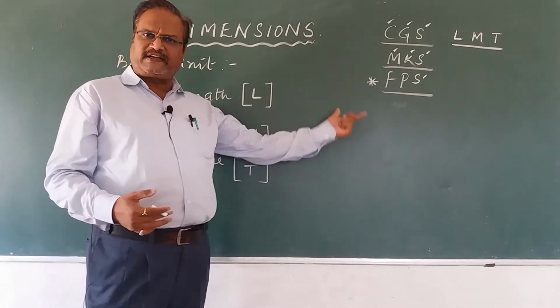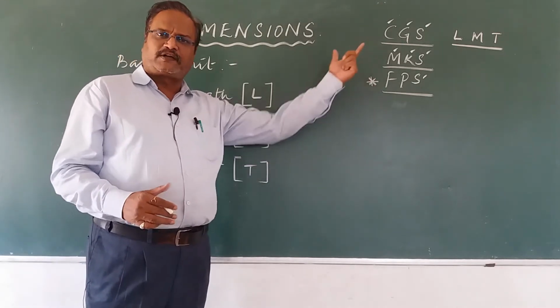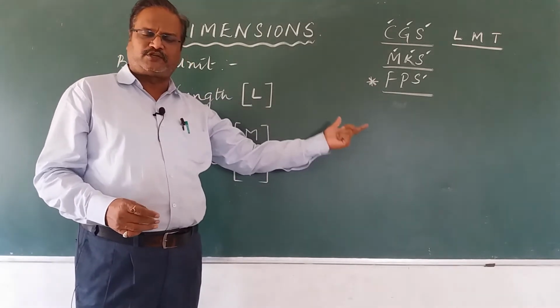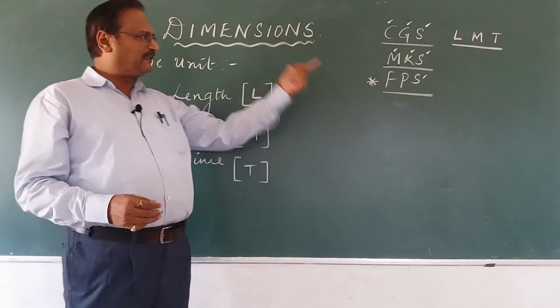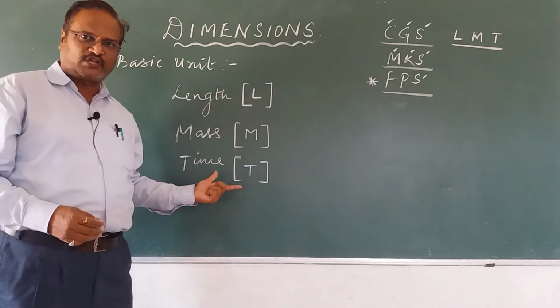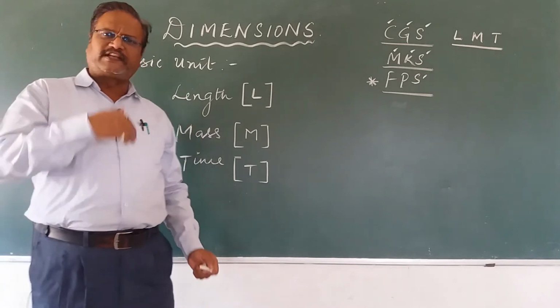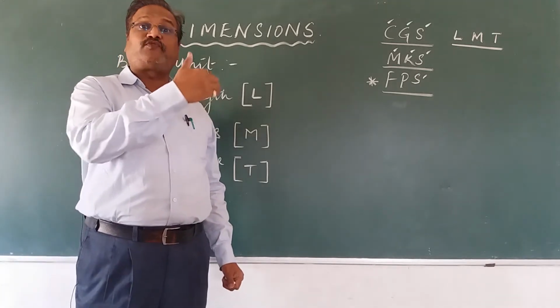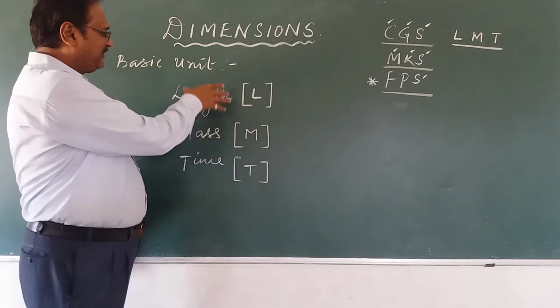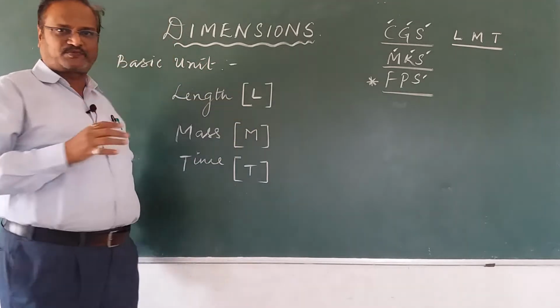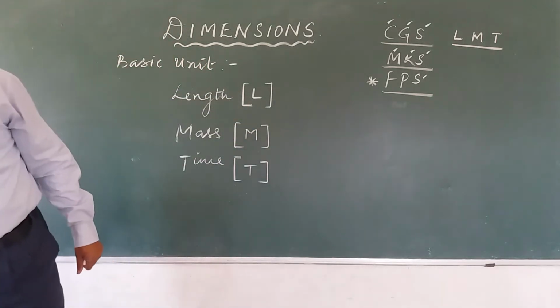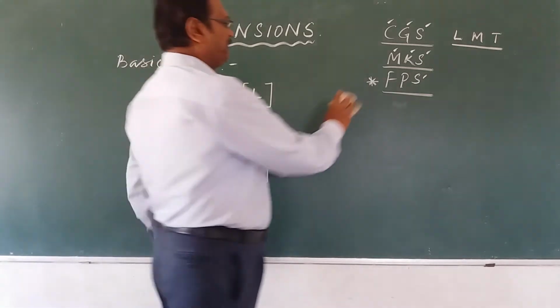Other than these you have candela, Kelvin, ampere and mole. But in the primary case we are going to use length, mass and time. And how can we derive other dimensional formulas from these basic dimensions? Let us go step by step and you will understand better.